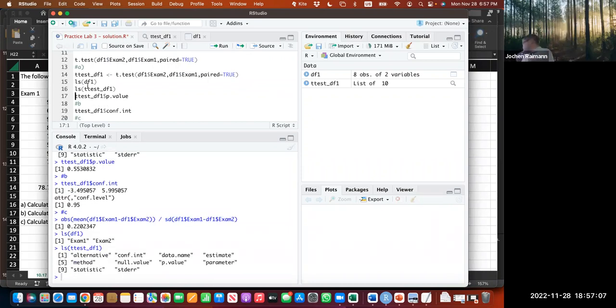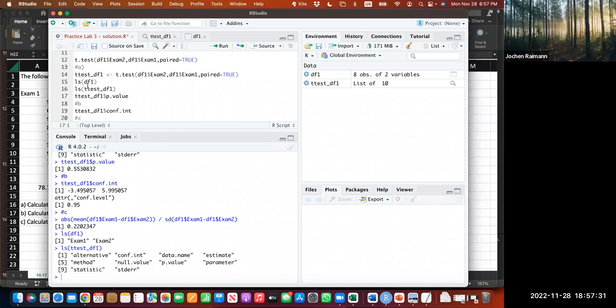Yeah. So DF1 is the data set. That's this data frame, our exam scores. Whereas t-test.df1, that's the t-test. Well, run 15 and 16, they should give you 2 different results.